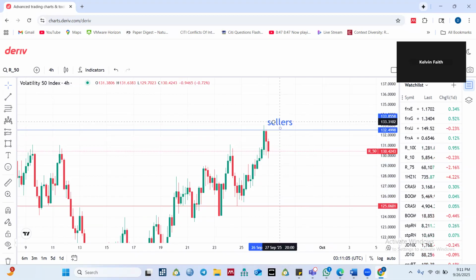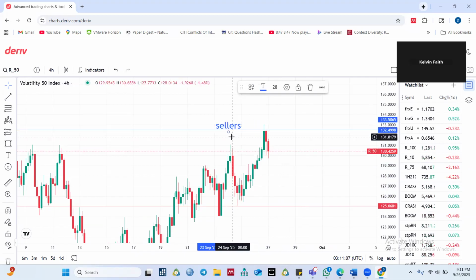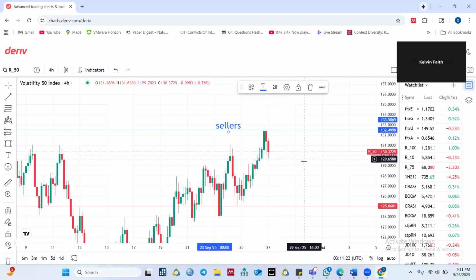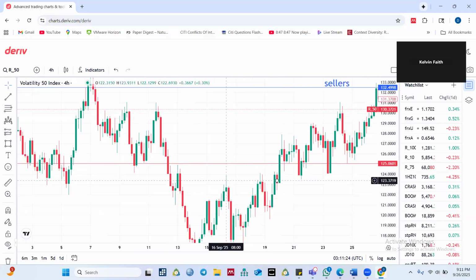Now, I've already said if the sellers are not able to push price down and they get weakened, and there is a bullish close, body close, or engulfing above the blue line, buyers will take control and buy.